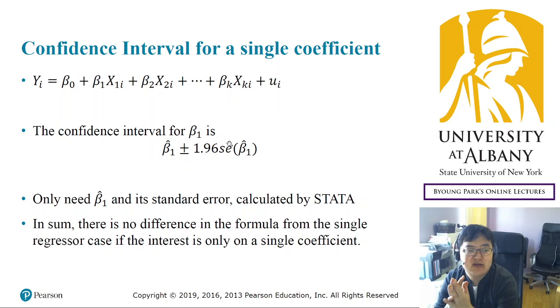In this sense, the confidence interval and hypothesis testing are parallel. They are quite similar to each other. The confidence interval is an interval, not just one number, and it tells you about the potential interval where the truth will be.